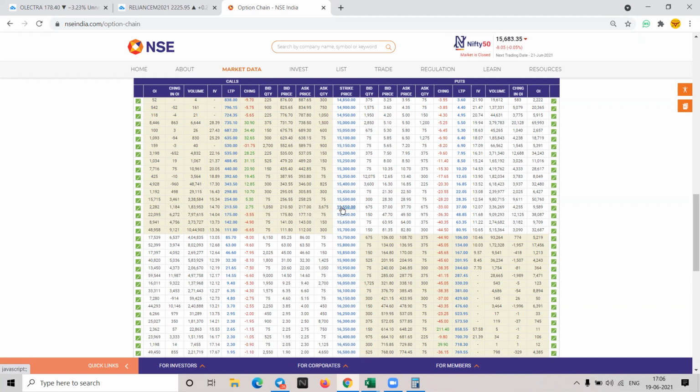One more thing: when you are talking about options, on the downward side, let's say you have taken this contract by paying 85 rupees, what is the maximum risk you have? If you buy something by paying 85, you have bought a contract. Let's say the price falls almost 1,700 rupees, but you only paid 100.